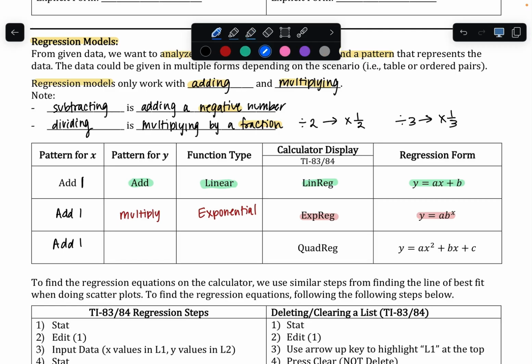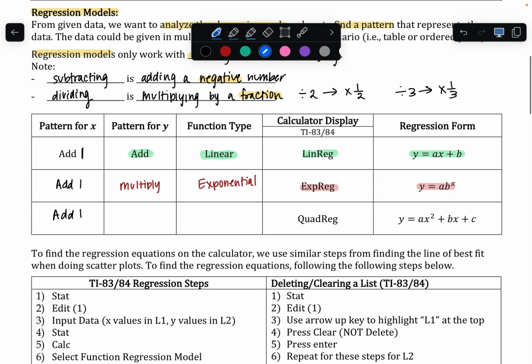And for quadratics, we're looking at something called the second difference, which we will talk about. If the second difference is constant, you are working with a quadratic function, and then you would use the quadratic feature to get ax squared plus bx plus c.